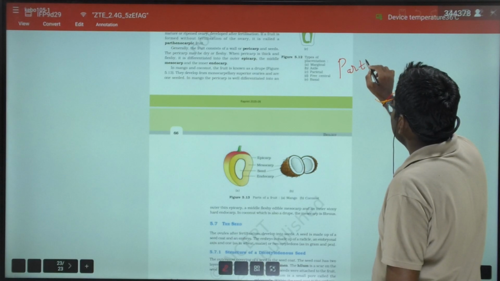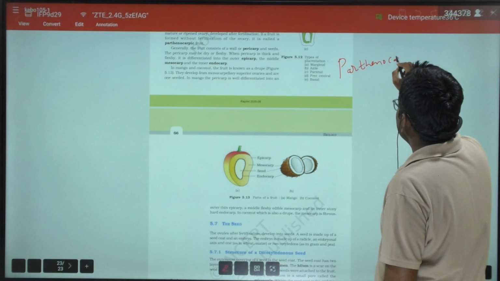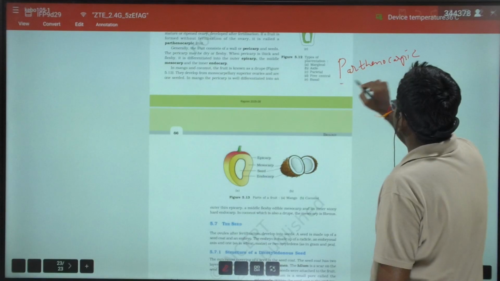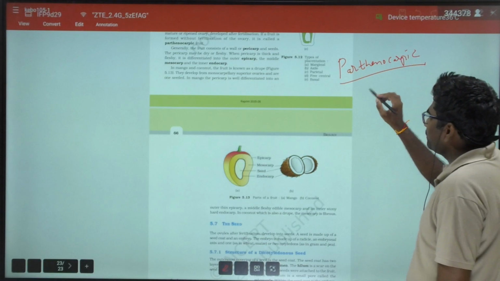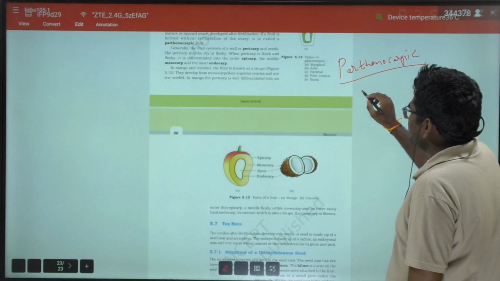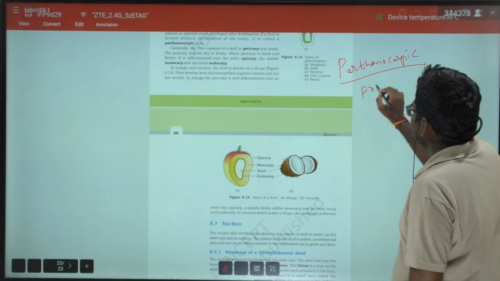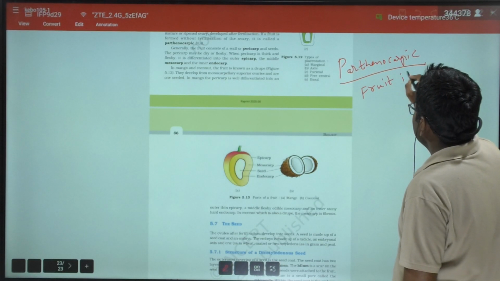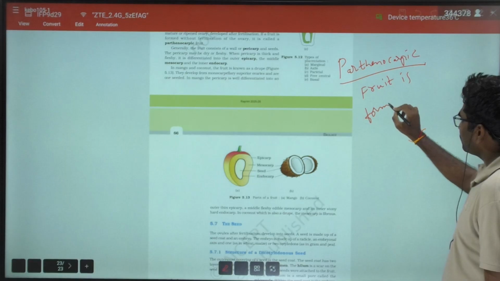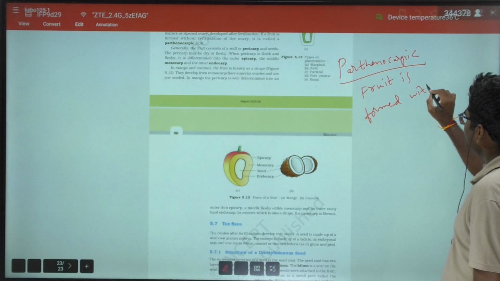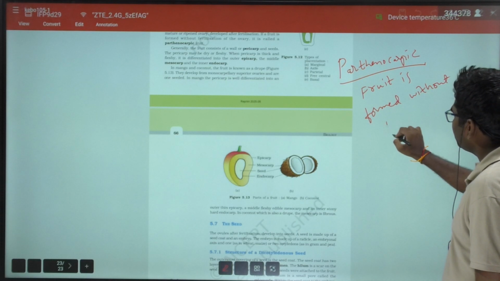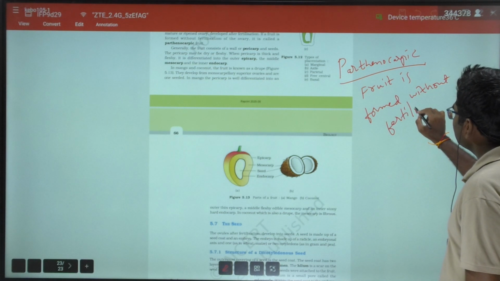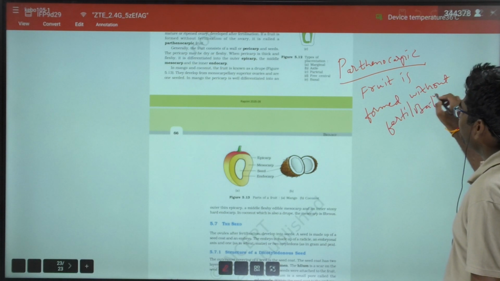Parthenocarpic fruit means the fruit is formed without fertilization.